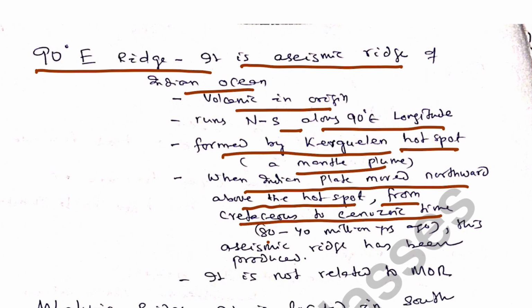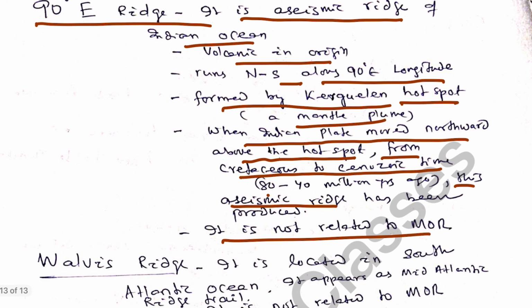This movement was taking place 80 to 40 million years ago, and the ridge has been produced from a number of volcanic eruptions that came out from the Kerguelen hotspot, and it is not related to a mid-oceanic ridge. It is a seismic ridge.